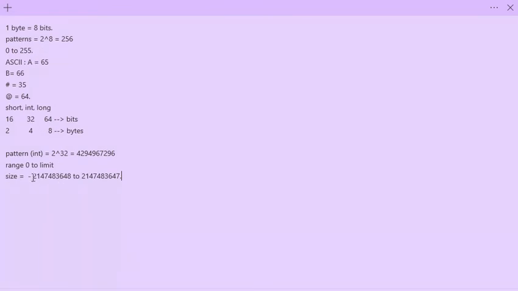We know that a signed integer can hold both positive and negative numbers. This is an example of signed, and 0 to 255 is an example of unsigned.